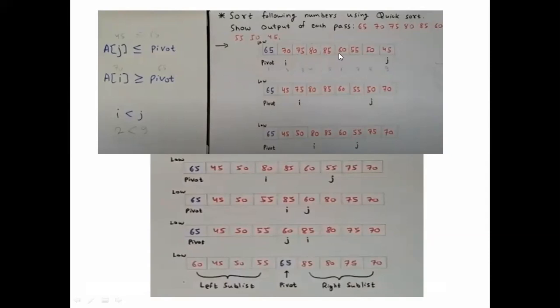Then I stop at position 6. The array is 65, 70, 75, 80, 85, 60, 50, 45.